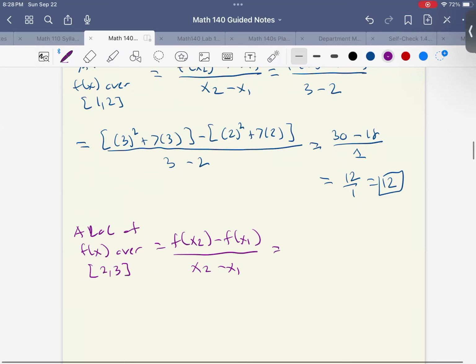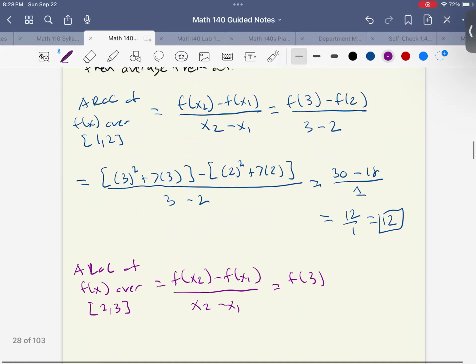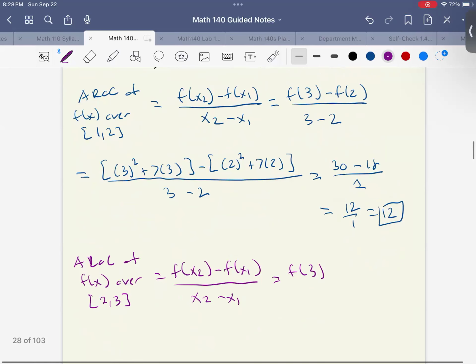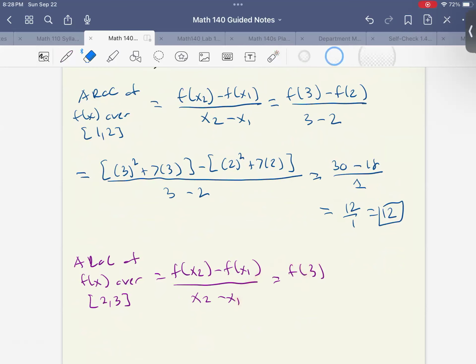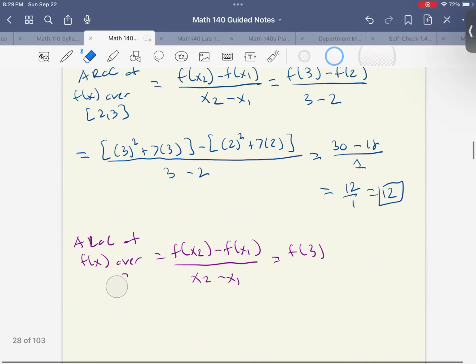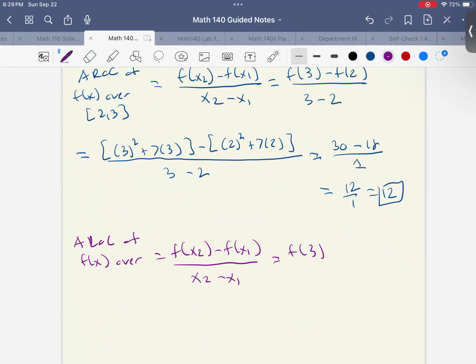So that's just f of 3. You know what? I did this one on accident. Excuse me. But let me just erase this. I accidentally did 2 to 3 instead of 1 to 2. So this one is 2 to 3, and this one I'm going to do 1 to 2. My apologies.